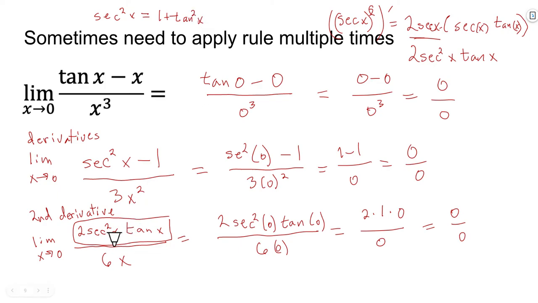Maybe we should just continue. So we can make a substitution here, replace secant squared with this, and I think it'll come out nicer, because then instead of having to use a product rule, I'm going to substitute in for secant squared this.